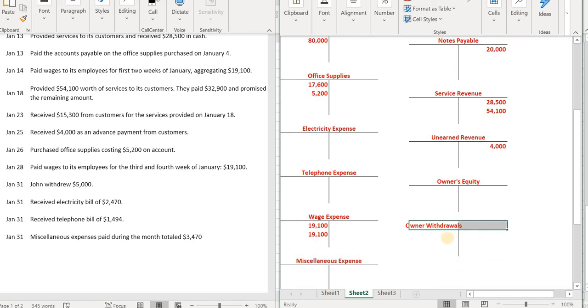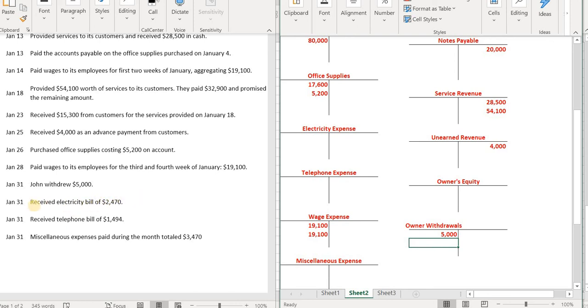Owner withdrawals. We credited cash, so I'm going to debit that for $5,000. It's opposite his equity. Equity is a normal credit. It's going to be a debit because it's reducing his equity.